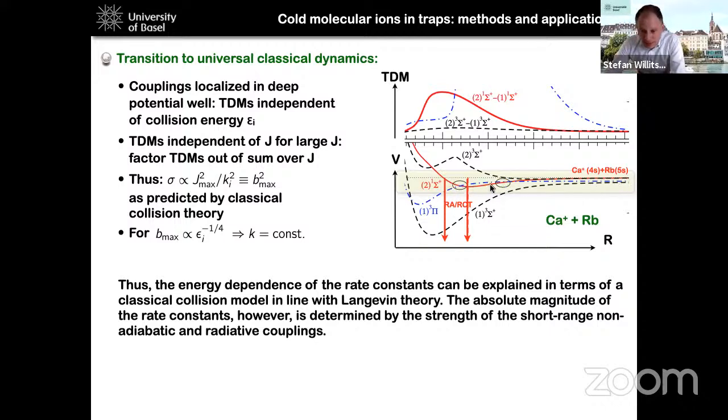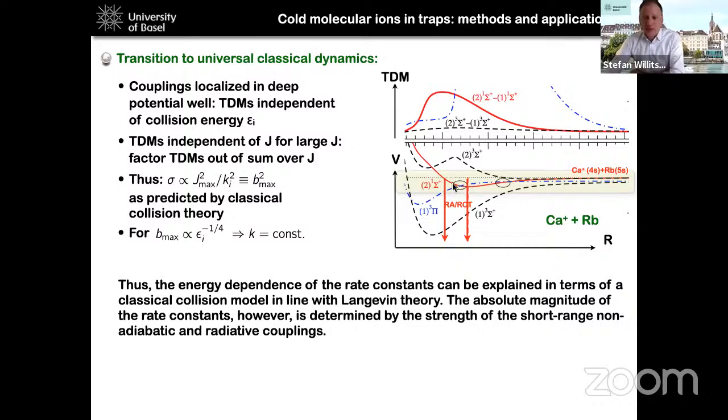So whenever we have an appreciably deep potential energy well in the region where these reactive processes happen, it doesn't really matter whether the asymptotic collision energy was 10 millikelvin, 1 Kelvin, or 10 Kelvin, if the well depth here is 1,000 Kelvin.